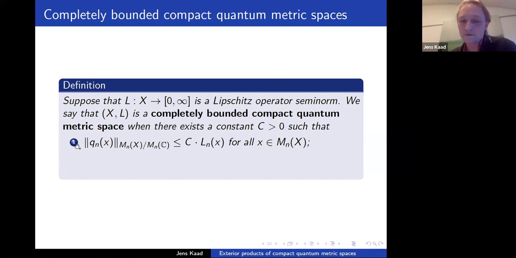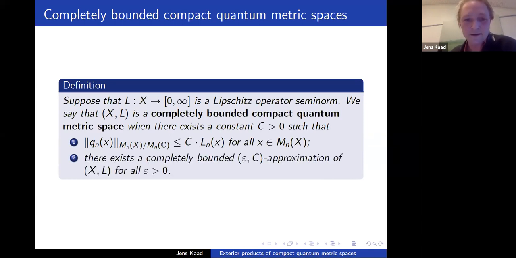But the first inequality, which said that I could dominate the quotient norm by the Lipschitz seminorm, is slightly different now, because I have to mod out by not just scalars. I have to mod out by n matrices with scalar entries. Why do I have to do that? It's because my Lipschitz operator seminorm will automatically vanish on n scalar matrices. So I have to mod out by something larger over here in order to ever get such an inequality. And again, it has to hold for all matrices of operators inside X.